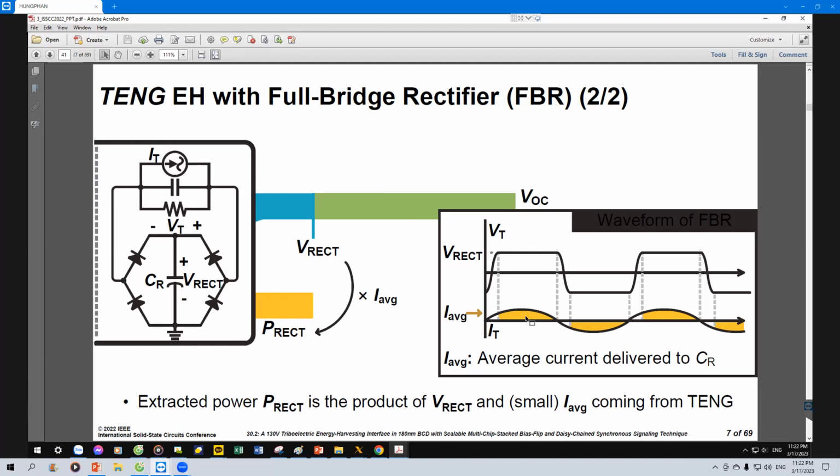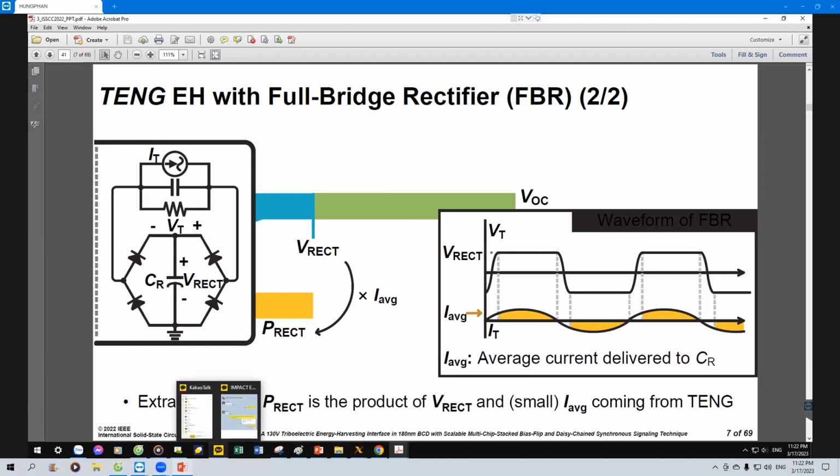Here you can see this yellow color, right? In the yellow region, this current will flow into the rectifier. And in the transition, when the voltage changes polarity, when the current changes polarity, we are losing energy. So the energy loss is in the transition, right?